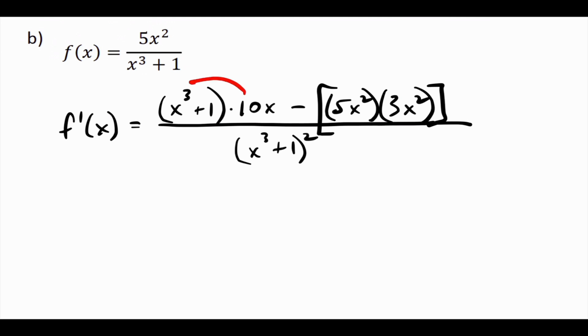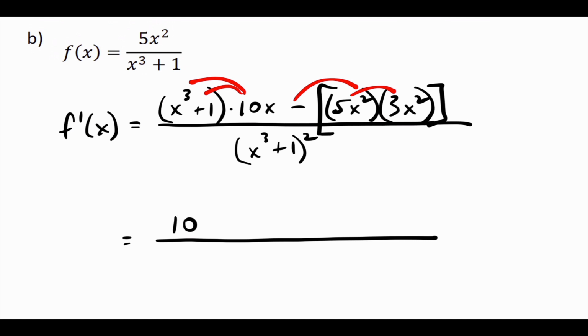So we're going to distribute here. I'm going to distribute here and multiply at the same time. 10x to the fourth plus 10x minus 15x to the fourth over x cubed plus 1 squared.